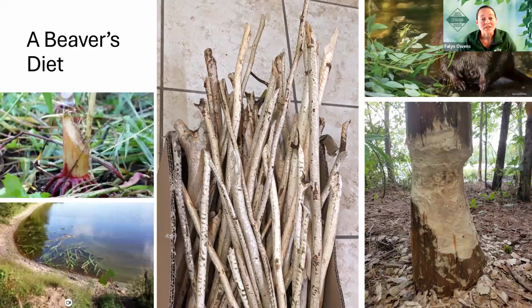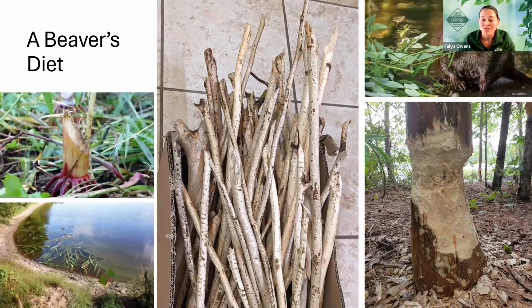So when we look at beaver sign, usually we'll find things like what's in the center picture here. You'll notice that there are a bunch of twigs, and basically all of the bark and the cambium layer have been stripped off by the beaver's teeth. So they literally, almost like human beings will eat corn off of a corn cob, strip the cambium layer off of the branches and they'll leave the dead wood behind because, again, they can't eat dead wood.